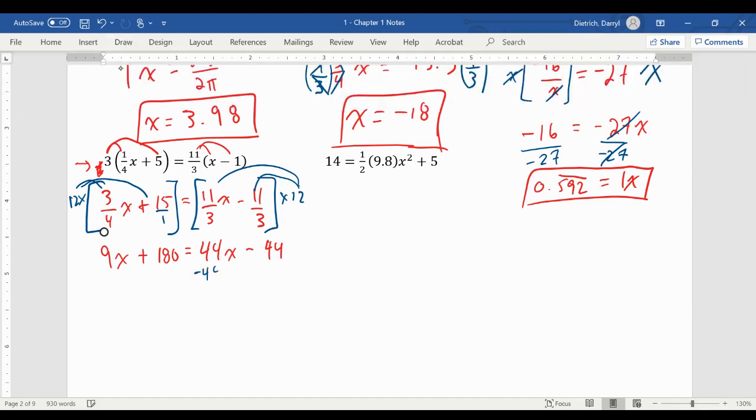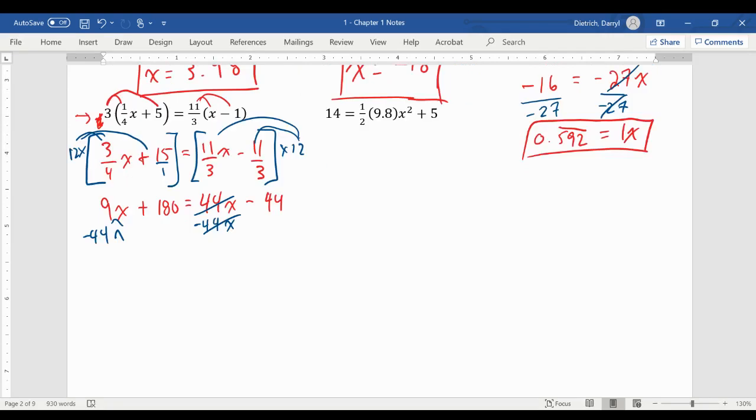I'm going to do that by subtracting 44x from the right side, which means I have to do it on the left. Okay, so we'll subtract 44x from both sides, and then we will also subtract 180 from both sides, so that will move our coefficients, or our numbers, over to the right.